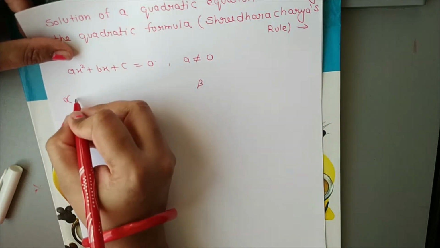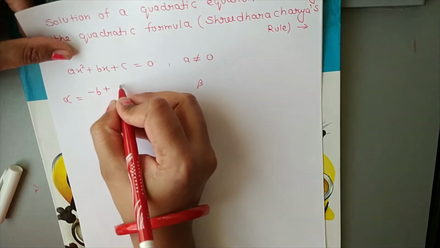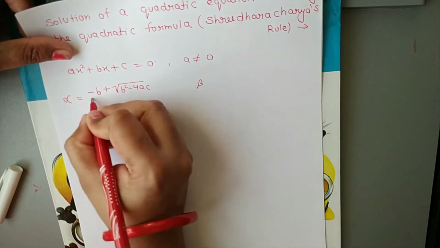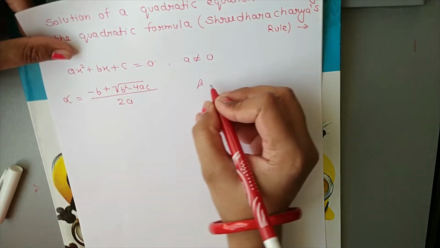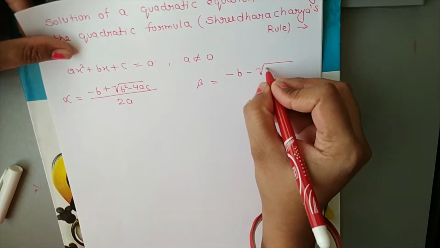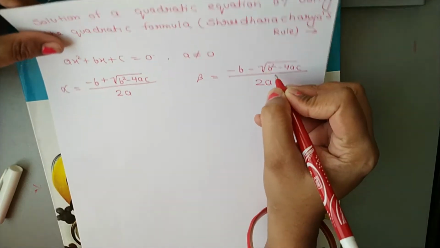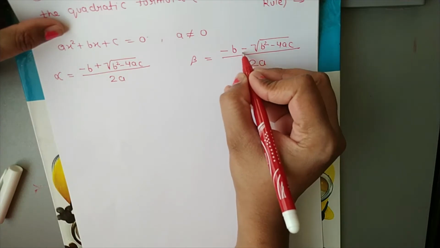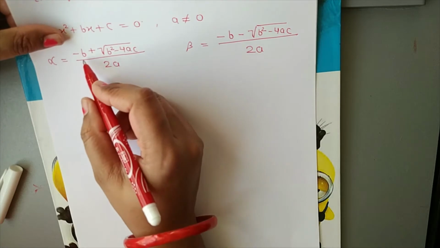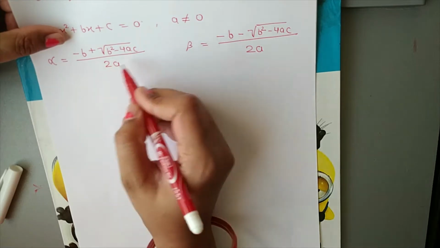For alpha it will be minus b plus under root b square minus 4ac upon 2a, and beta will be minus b minus under root b square minus 4ac upon 2a. It means here will be plus, then here will be minus. In combined form it can be written as minus b plus minus under root b square minus 4ac upon 2a.